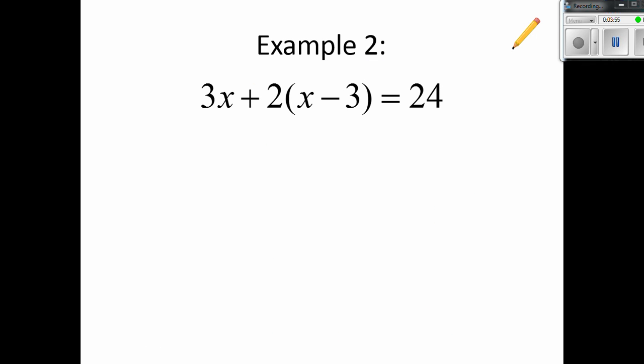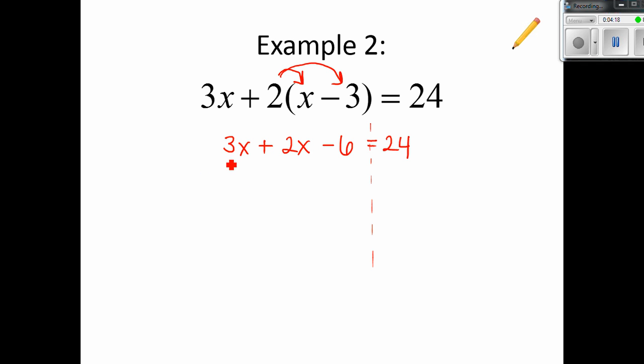All right, let's go ahead and do example number 2. Example number 2 is 3x plus 2 times the quantity of x minus 3 equals 24. Again, we need to use the distributive property. So we get 3x plus 2x minus 6 equals 24. And remember, we have that fence there, or the equal sign.